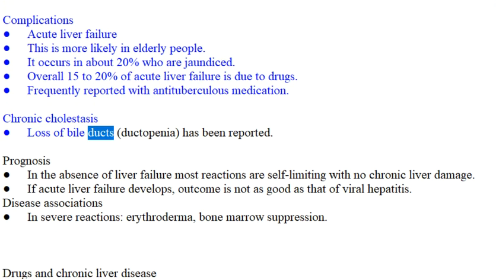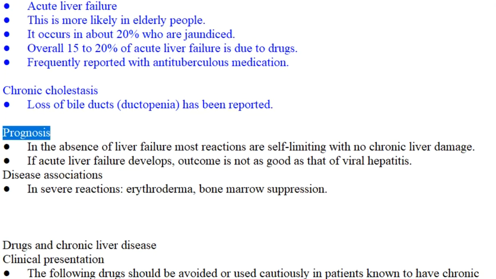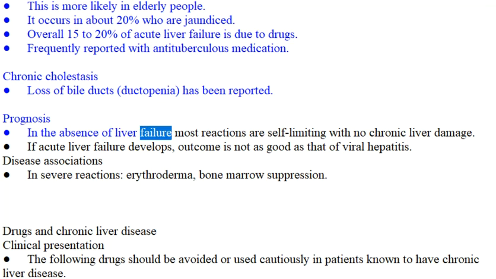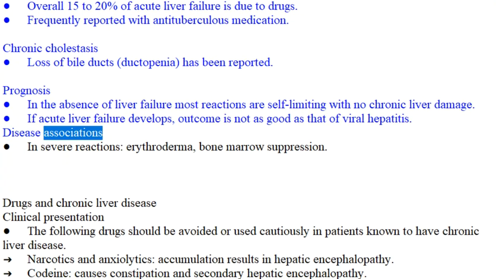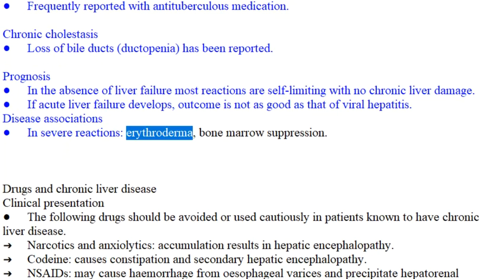Loss of bile ducts, ductopenia, has been reported. Prognosis. In the absence of liver failure, most reactions are self-limiting with no chronic liver damage. If acute liver failure develops, outcome is not as good as that of viral hepatitis. Disease associations. In severe reactions, erythroderma, bone marrow suppression.